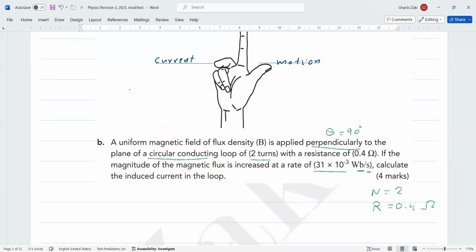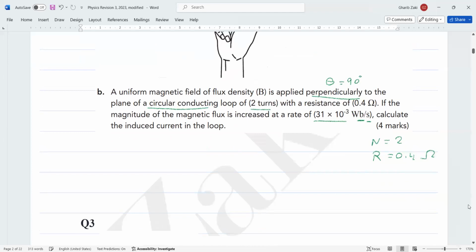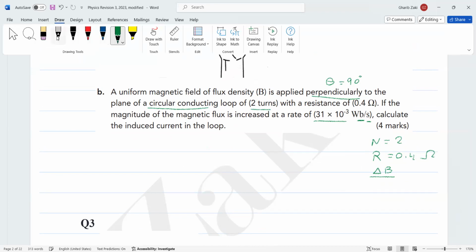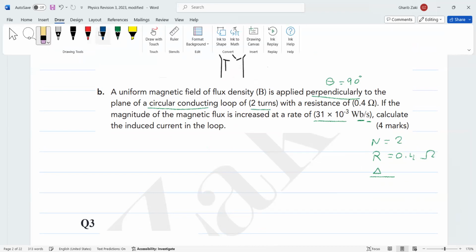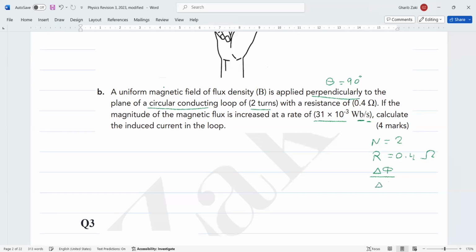This is the rate of change of magnetic flux, not magnetic flux density, so it is delta phi by delta t, given as 31 multiply 10 to the power -3 Weber per second.